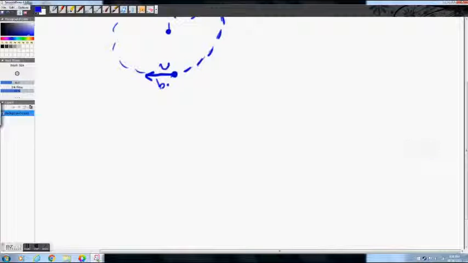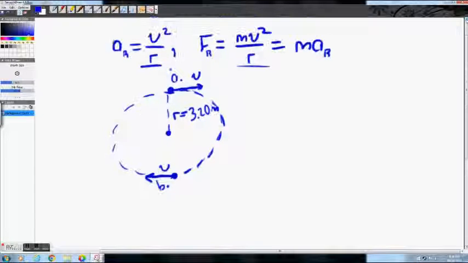So when we look at banking of curves in the next video, we'll start with the knowledge that first we'll look at unbanked curves.